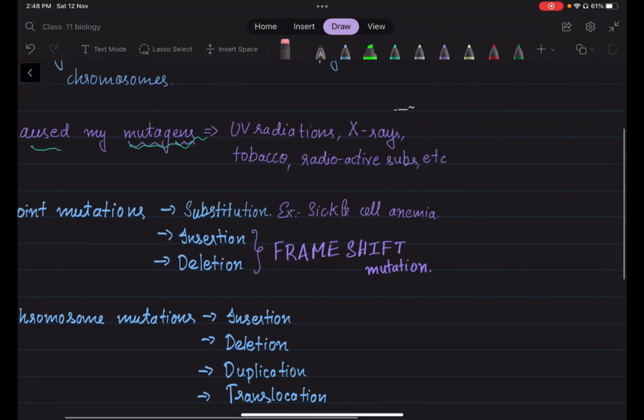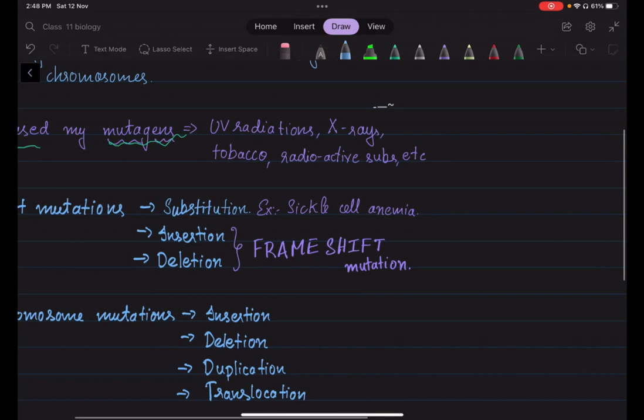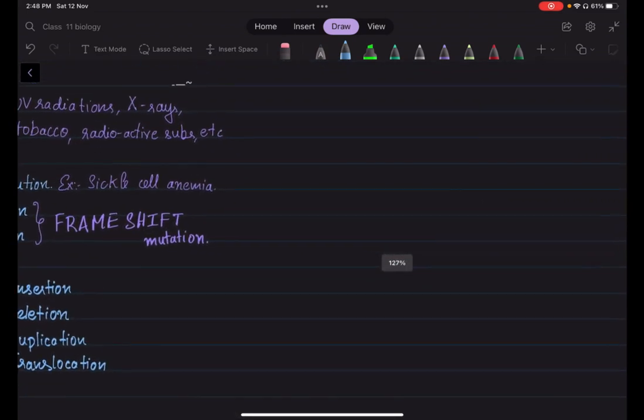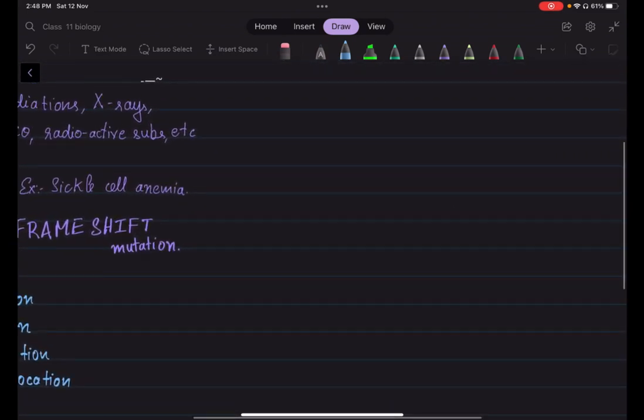The insertion and deletion point mutations together are called the frame shift mutation. So let us understand why it is called frame shift mutation. Let us take an example of a code here.